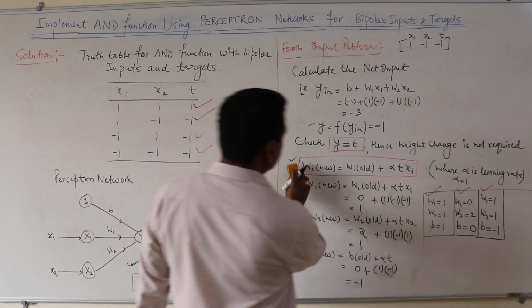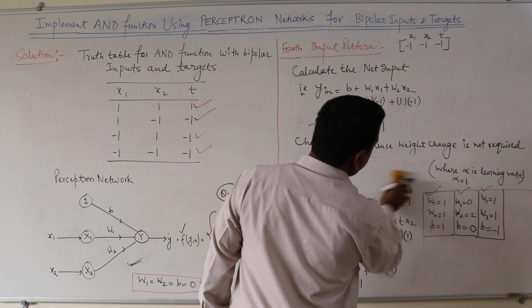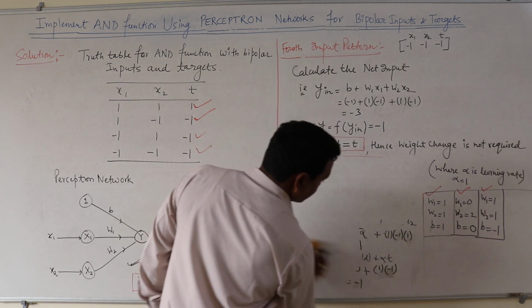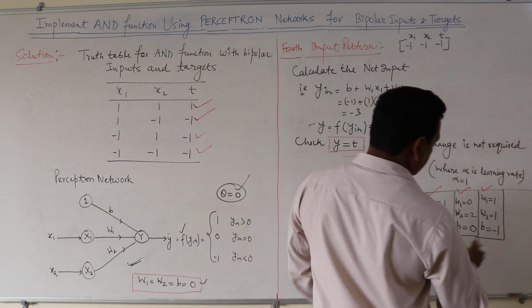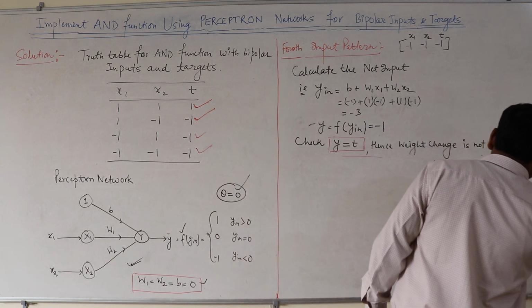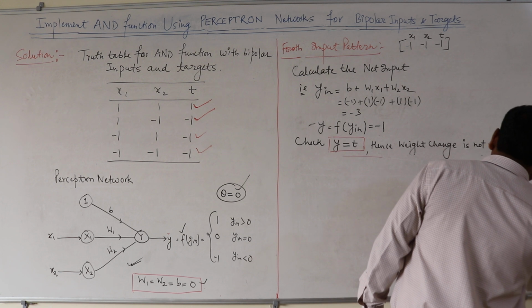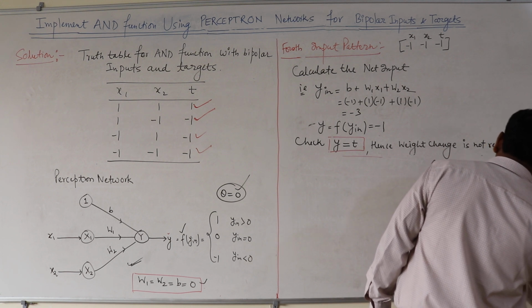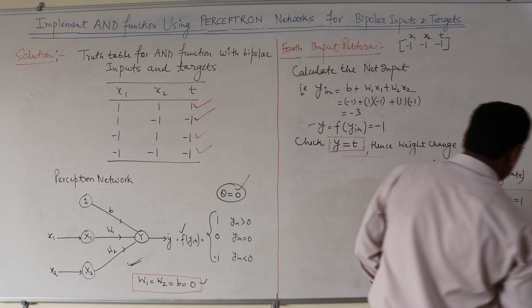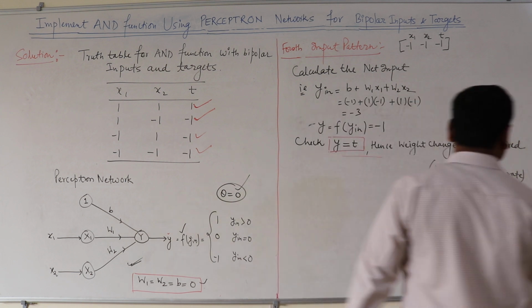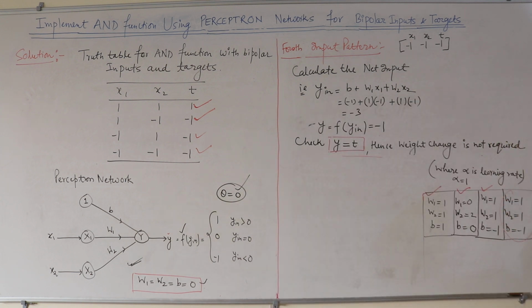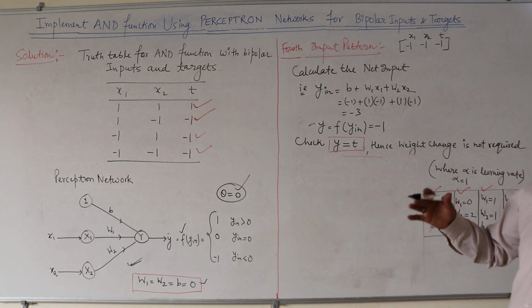So after the fourth, W1 is 1, W2 is 1, and B is minus 1. So these are the final weights. Now we will see the table.